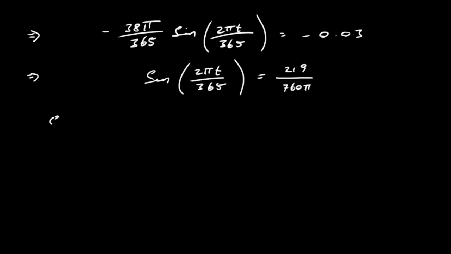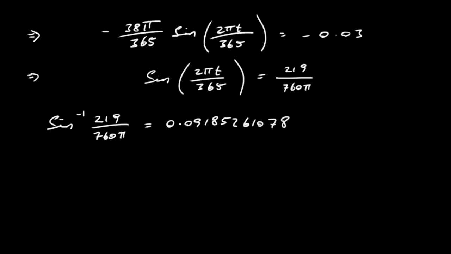So sine inverse of 219 over 760 pi. Now remember, your calculator needs to be in radians. So it's going to be 0.0918526178. Okay, so that'll give us our angle, if you like.